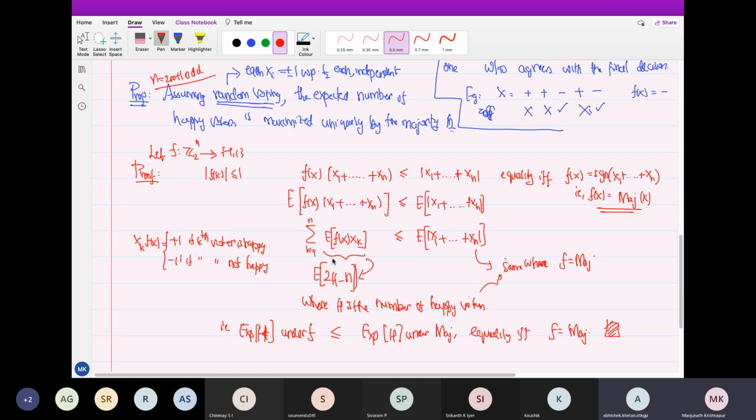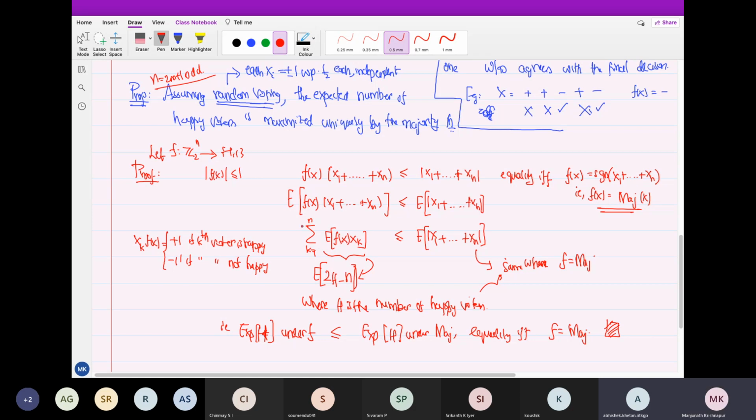Sorry, I did not catch it. Can you repeat? Abhishek, is it? Yes, so this reduction that we can replace things by the expectation of 2h minus n, doesn't that require equal likeliness?